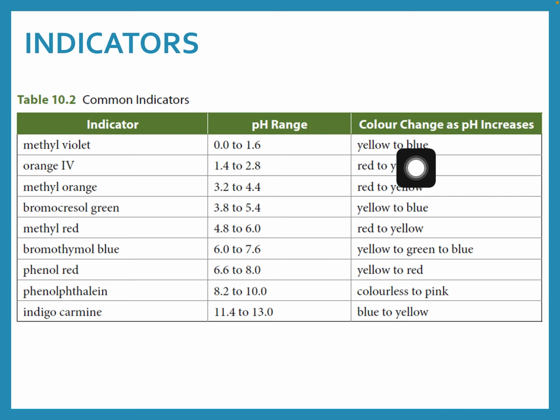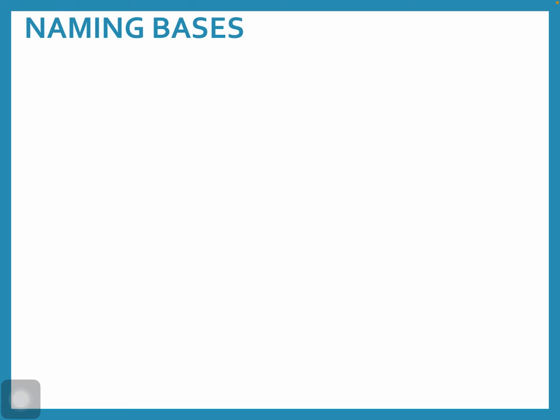Anything that is above 1.6 as a pH, it's just going to stay yellow. And you can see here we have a lot of different indicators. And we'll talk about titrations later, and then get more in depth into titrations in 4U, but that is one of the places that we will use indicators.